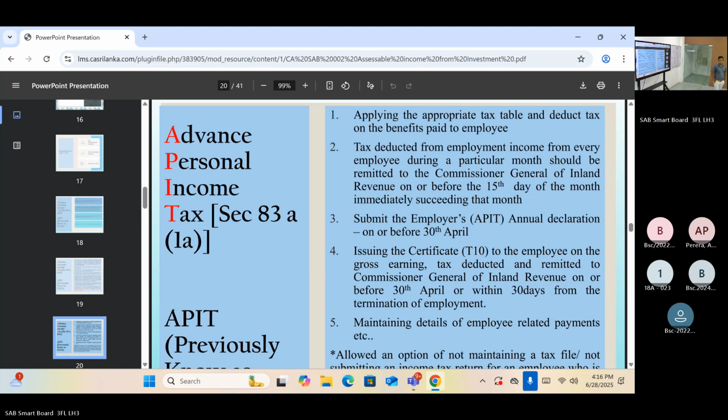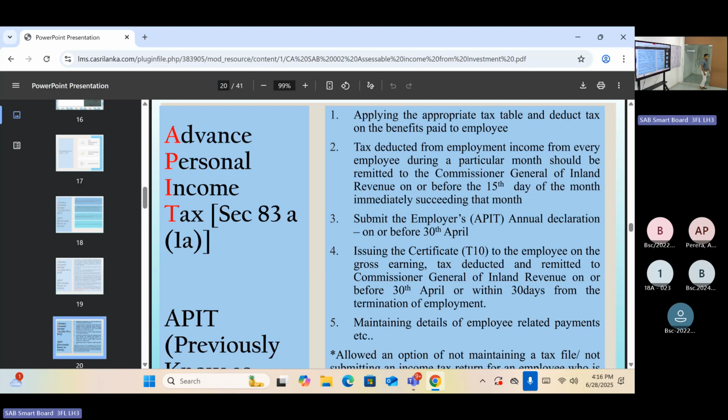T10. The reason is that in the annual declaration, the employer is declaring all the details particular to staff cost. Individual-wise they know: A received this much money in terms of cash benefit, non-cash benefit, and terminal benefit.